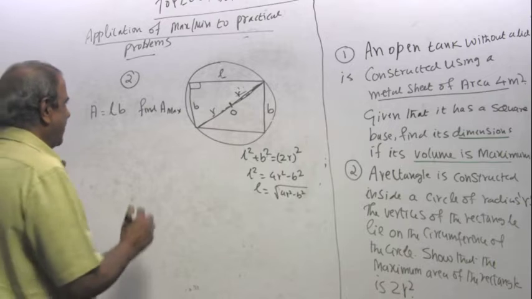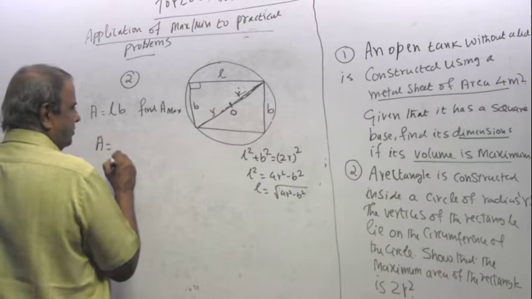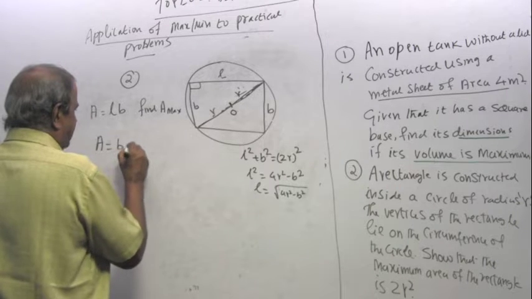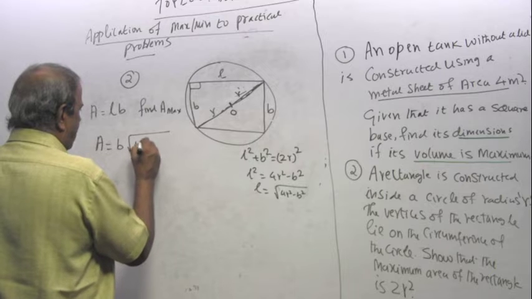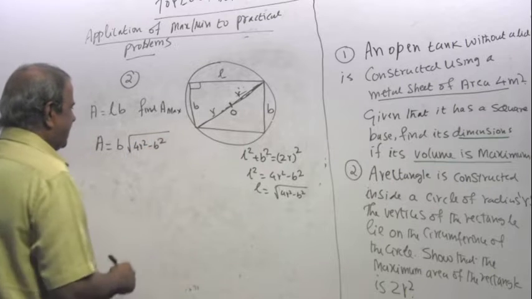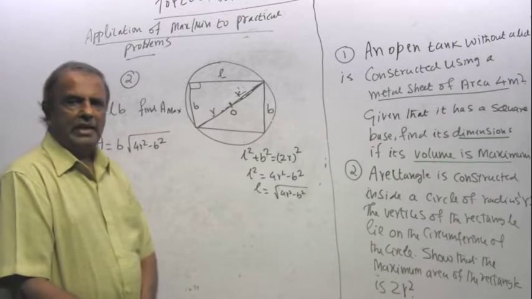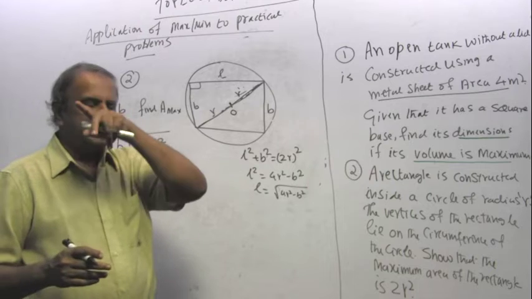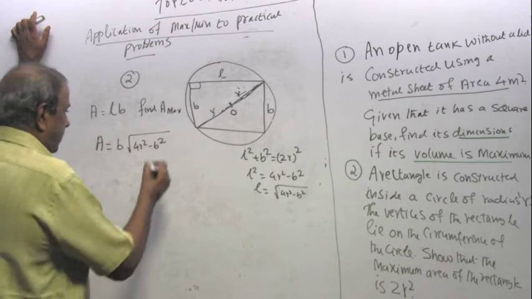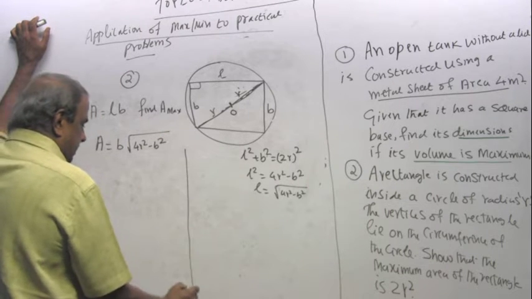Right. So area equal to B square root of 4r squared minus B squared. Now I have everything in terms of one variable B. I'll show you two different methods here. Let's do it directly, then I will show you the other method.